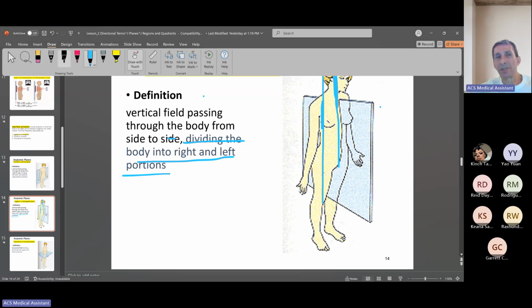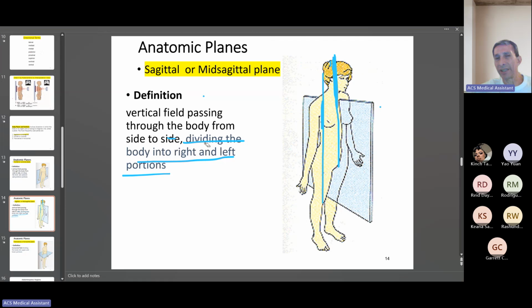So we got to make sure that we do understand what it is that the body is being divided into. Because if we are not understanding that part, then, well, the answer is going to be incorrect. And I don't want you to get the incorrect answer. So if you understand sagittal, remember S for sides. Most of the time, they give you mid-sagittal.